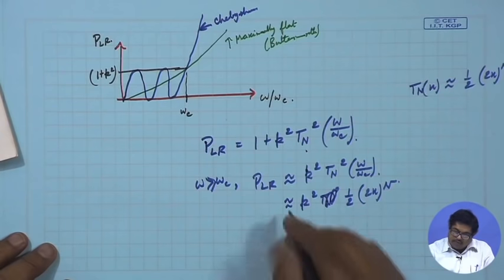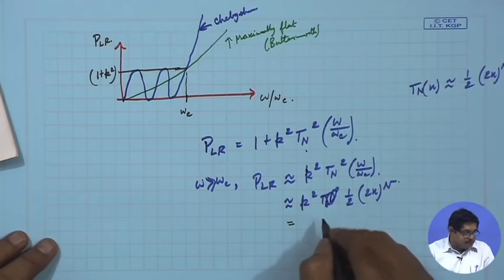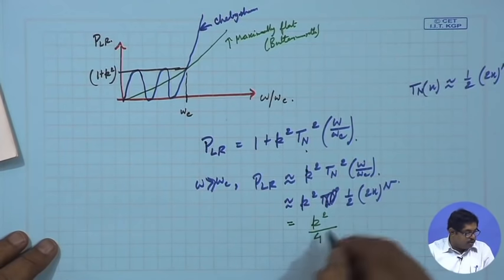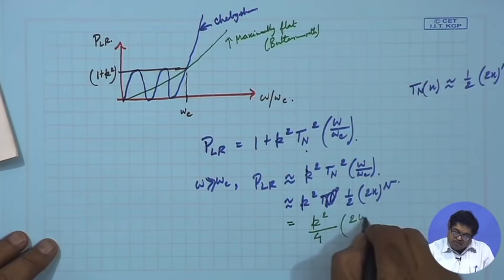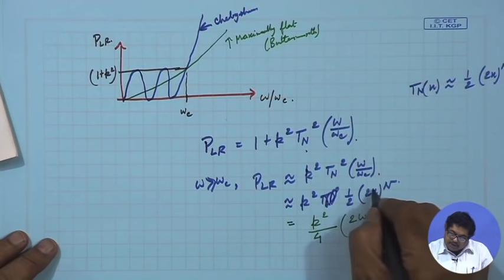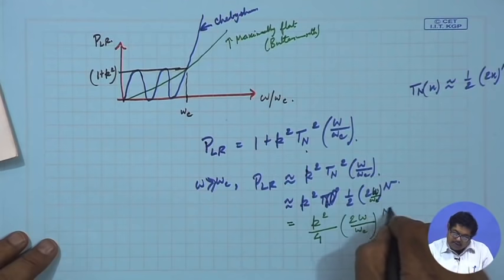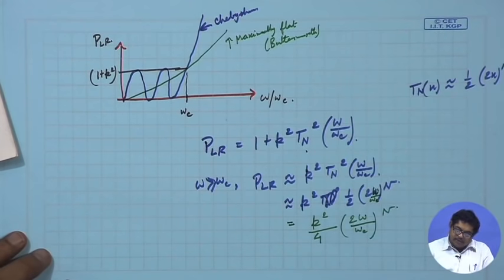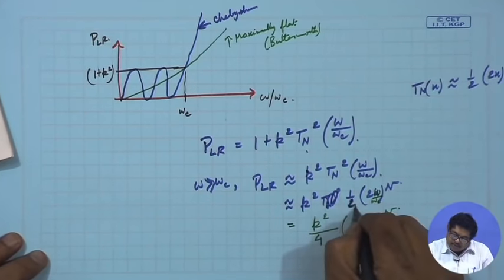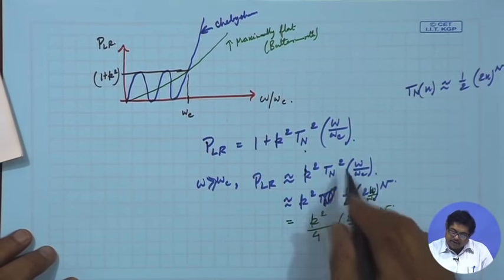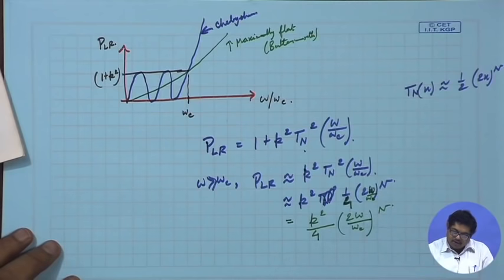So, this is k square by 4 times, this is T n x, so here I will write 2 omega by omega c. So, 2 omega by omega c whole to the power n, T n x square. So, k square by 4 this.